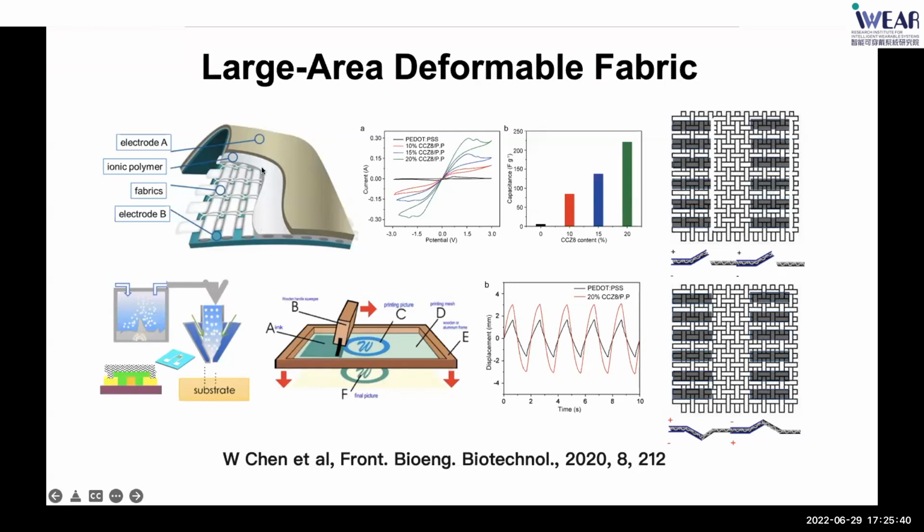Here is the typical structure. You can see the electrodes and ionic polymers can be printed on the surface of the fabrics, and we can achieve different modes of deformation due to different electrode location designs.